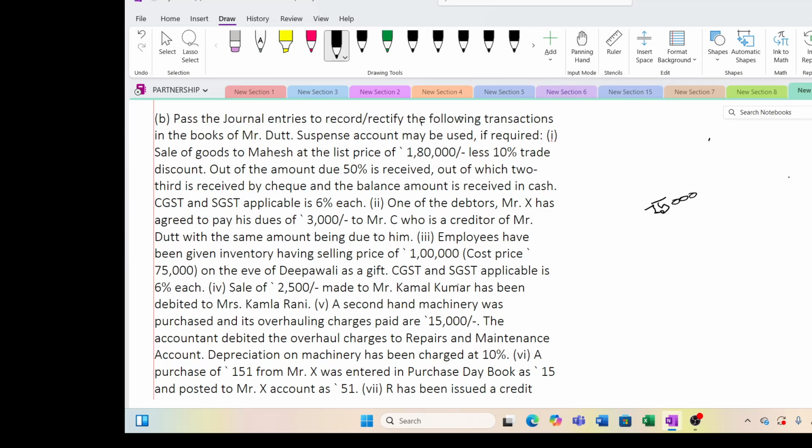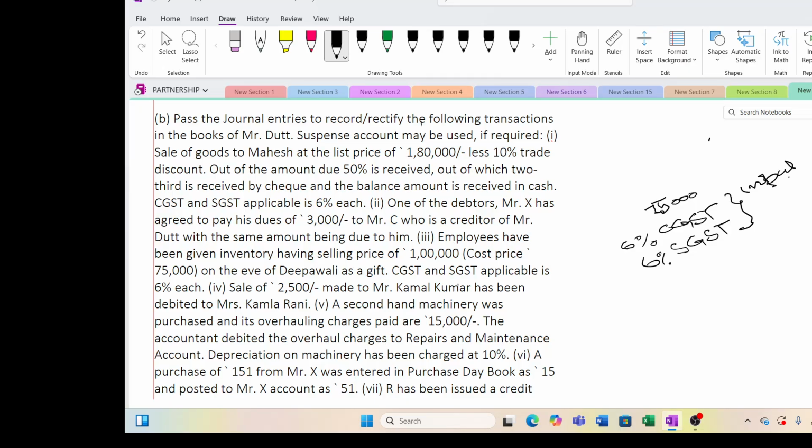Of course, he would have paid the central CGST 6%, and he would have paid the SGST 6%. Okay, so this was the input CGST.